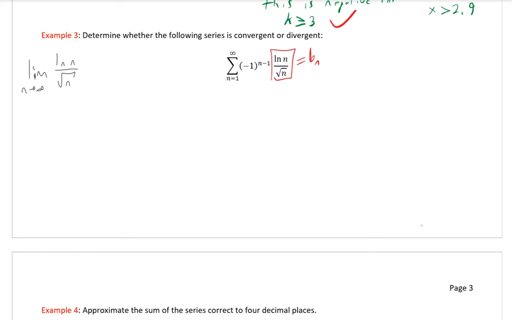So like last time, we can simply solve this by doing L'Hopital's. If I do L'Hopital's on top, I'll get 1 over n. And on the bottom, I'll get 1 over 2 square roots of n.